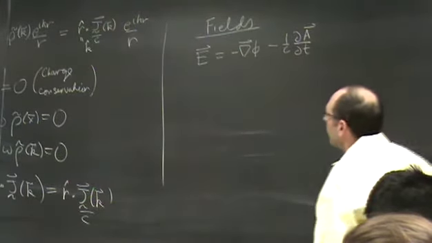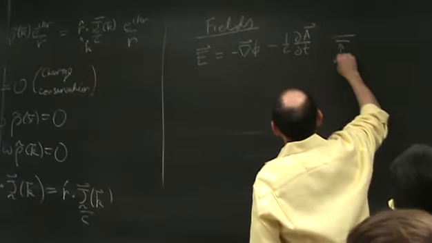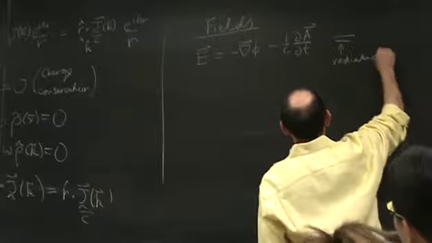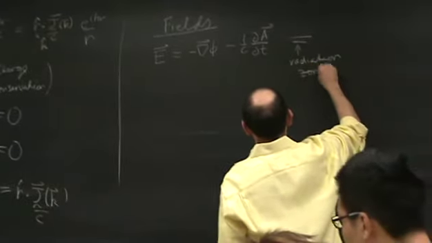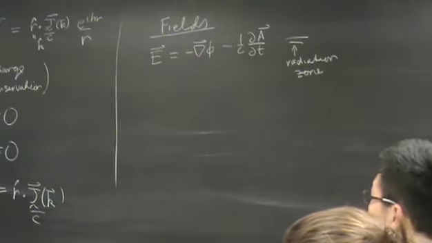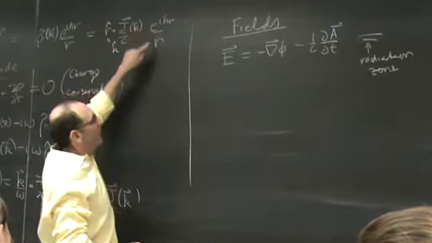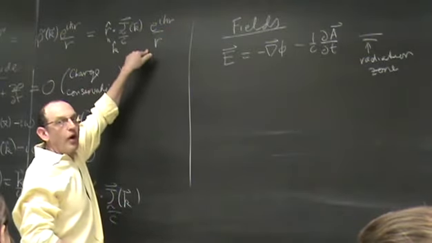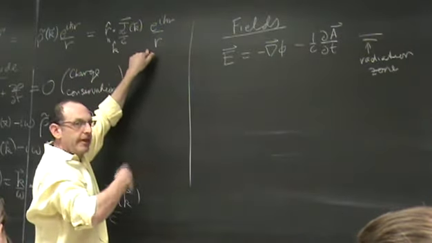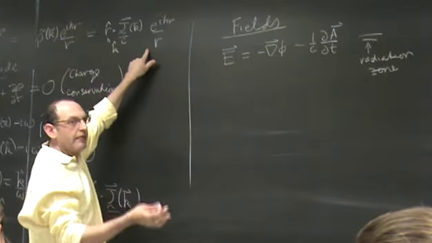Again, we will keep only the radiation pieces, so only the parts that fall off like 1 over r and no faster. When we take the gradient of this, we'll only take the gradient of the exponent because the gradient of 1 over r falls off faster. That contributes to an induction zone piece. We're just going to ignore that for the moment.